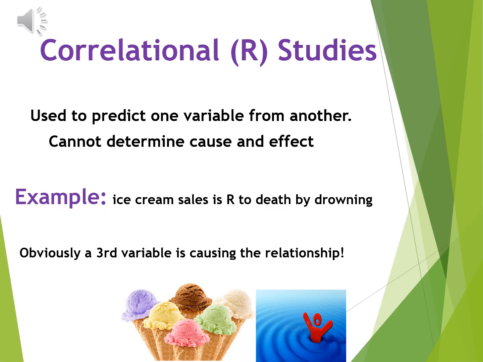On days with low ice cream sales, it's probably colder, fewer people swim. So although there's a predictable relationship between the two, neither one is causing the other. The temperature is the causal factor, and that wasn't even considered in the correlation. So the net effect of our conclusion is, yes, we can use it to predict, but we can't extend our prediction to say cause and effect, or causality.